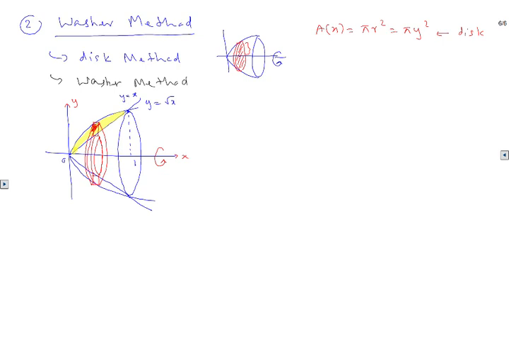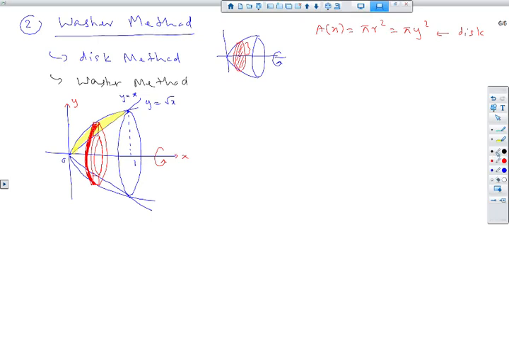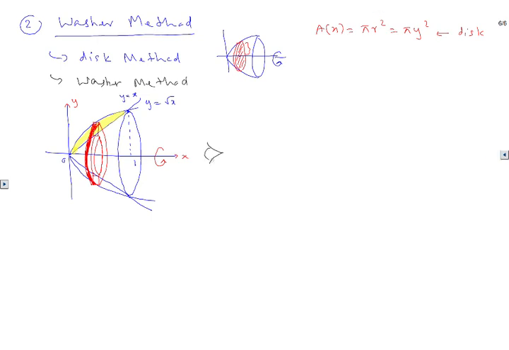So this is how it looks when you cut it. That's the part you're going to see from one side. If you look from this side, you're going to see a big circle, and inside you see another circle. That's why we call it a washer method, because it looks like a washer.